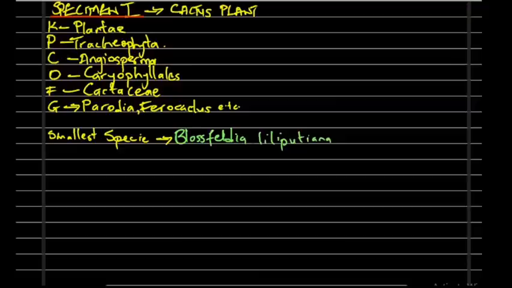And then we have the tallest species of this same organism that we're talking about, the cactus. The tallest of them is Pachycereus pringlei.